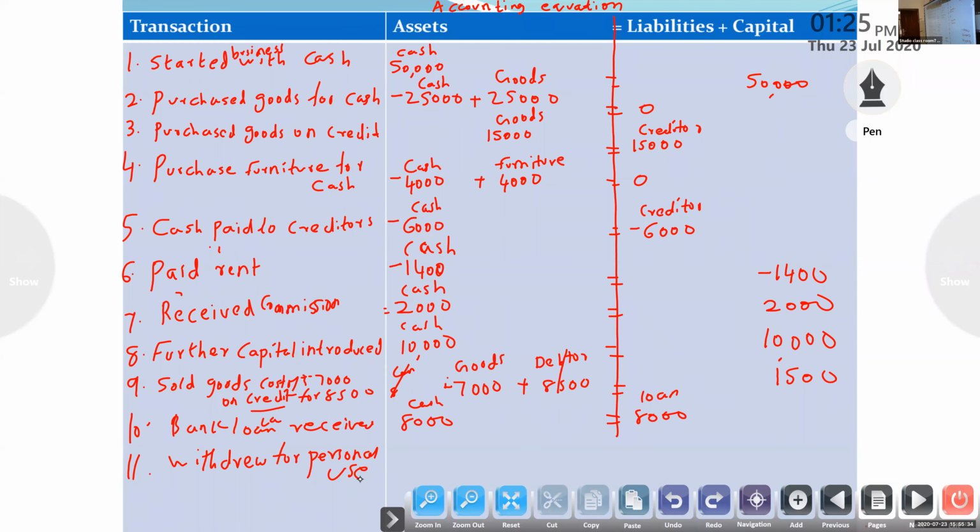Withdrew for personal use. Sir, cash minus 1,600. Yes, cash minus. Then capital. Yes, very good. Minus 1,600. Over.